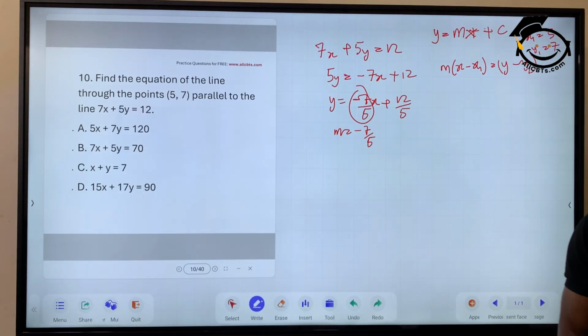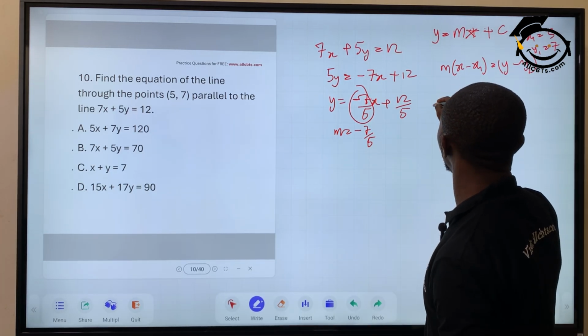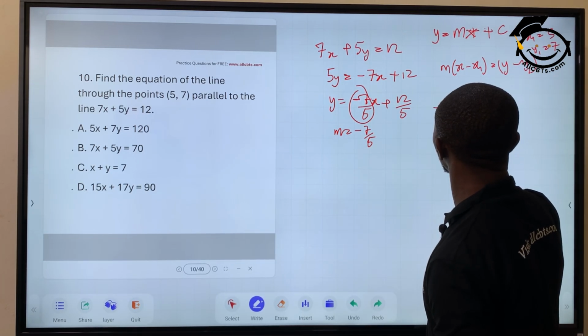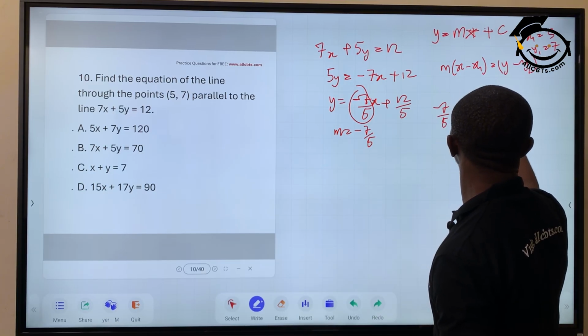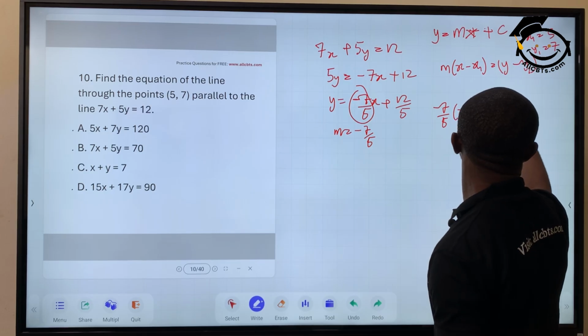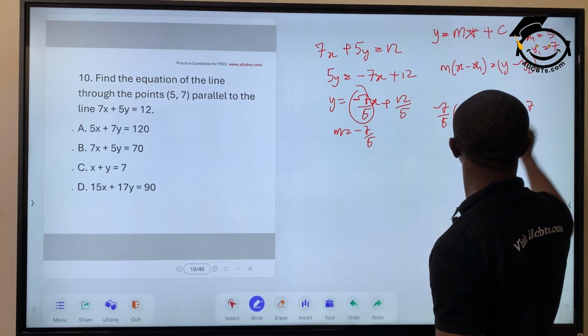Inputting that here, our m is minus 7 over 5 bracket x minus 5 equals y minus 7.